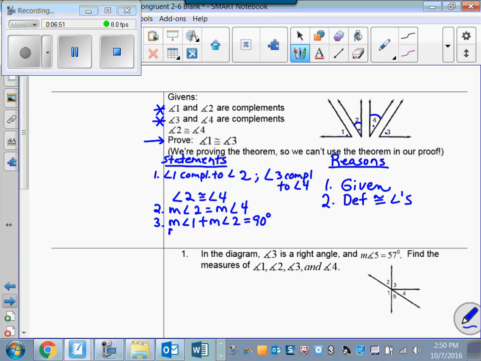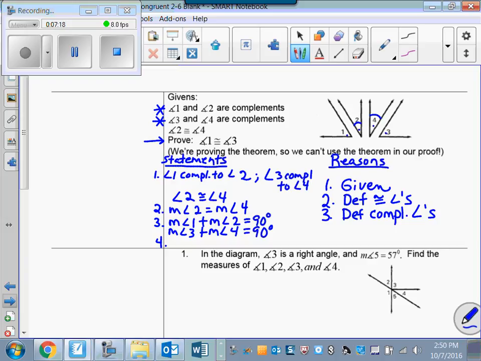And I'm going to say the measure of angle 3 plus the measure of angle 4 equals 90 degrees. And I can do that in the same step because I'm using the same reason. What is the reason for that? The definition of complementary angles. That's how I know the sum of their measures is 90 degrees.